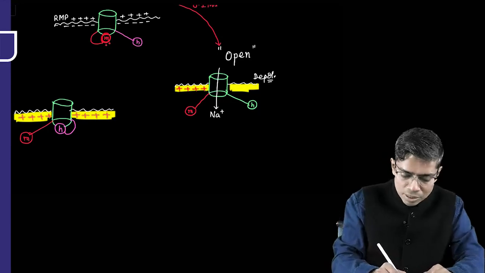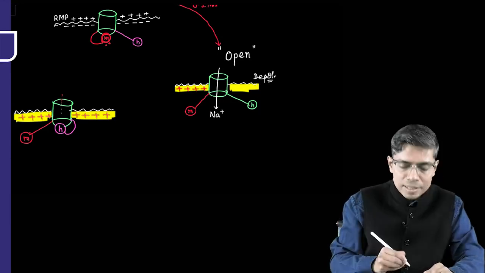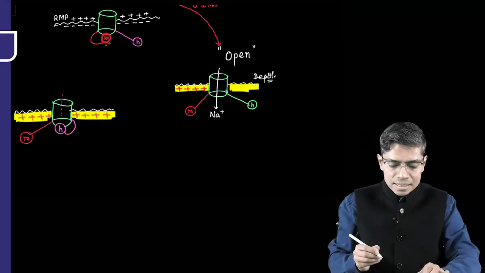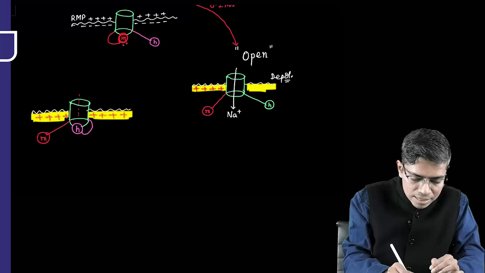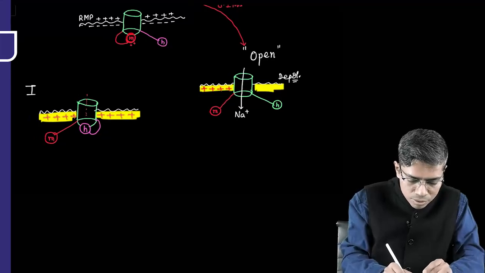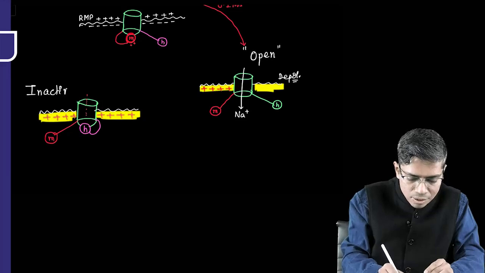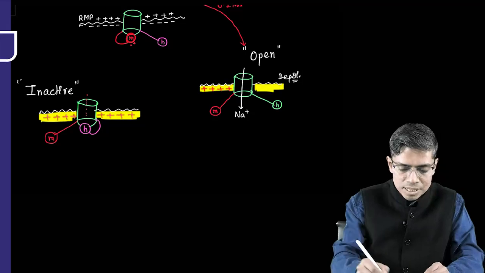Again, sodium will not be able to enter through this channel, and this stage is known as inactive. This is not known as closed. This is known as the inactive stage of the voltage gated sodium channel.